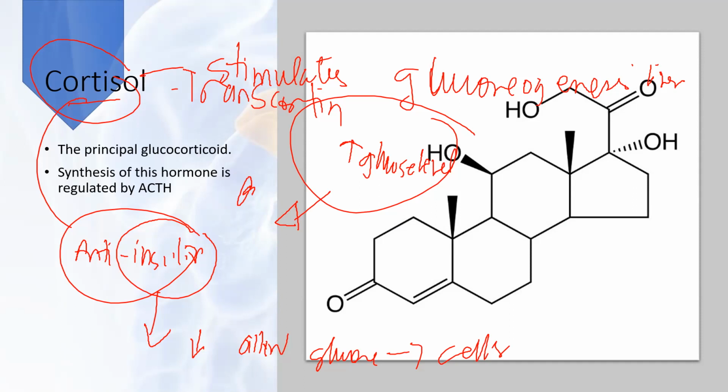Okay? Now, take note that in the inhibition of the secretion of ACTH, there will be a problem in our cortisol. Kapag po wala tayong ACTH production, there will always be a problem in the production of our cortisol. Remember also that our cortisol can serve as an anti-inflammatory and immunosuppressive agent.